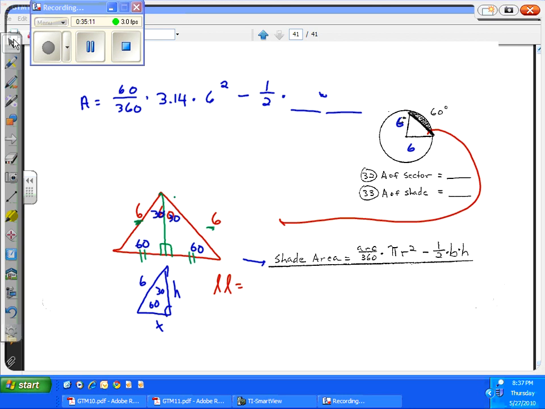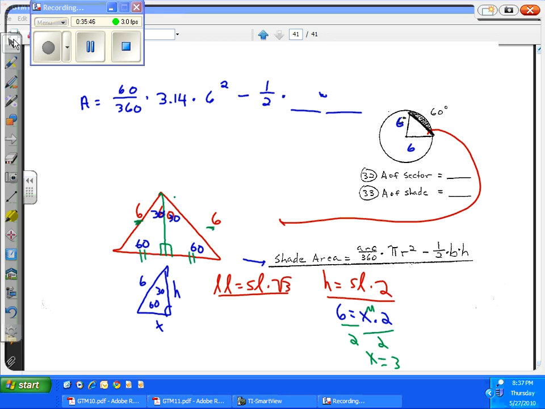We know that long leg is equal to short leg times the square root of 3, and hypotenuse is equal to short leg times 2 in a 30, 60, 90. What we know is the hypotenuse is 6. So hypotenuse 6 equals short leg, which is opposite to 30, which we called x, times 2. We undo multiplication by division, and we get x equals 3.